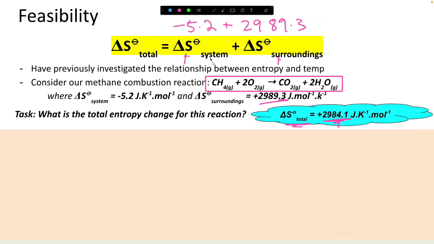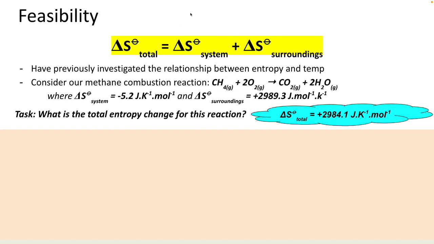Where it gets interesting is where one is increasing the entropy and the other is decreasing the entropy, which is what we saw here. So our chemical reaction decreases the entropy, whereas our energy change for the surroundings is actually increasing the entropy. And because this is so much larger than that, we end up with a very spontaneous, very feasible reaction.